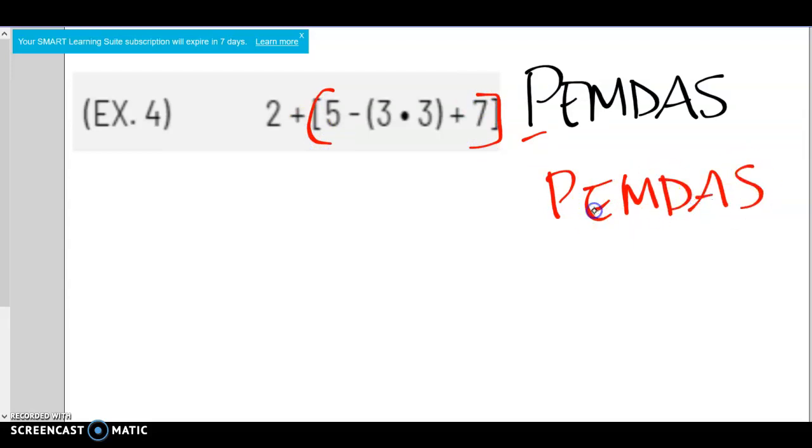Because inside the parentheses, we have to do the same process to simplify inside the parentheses. So we start with parentheses in here, and we do have some parentheses. 3 times 3 is 9. And there's no more parentheses in here, so I'm just going to bring down the rest of that expression.